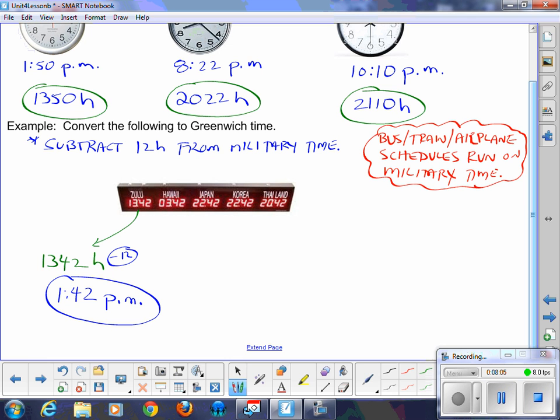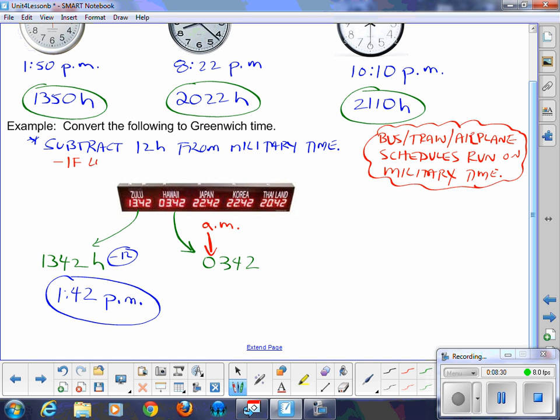All right. If we're looking at Hawaii, they have it as 0342. If it starts with a 0, that means it is AM. Okay? So if it's less than 12, we do not have to subtract. All right? So I'll add that up above.